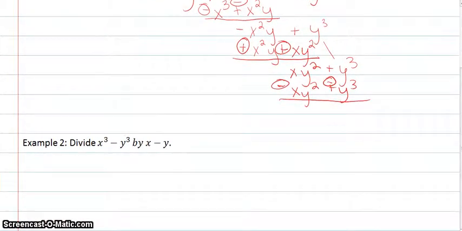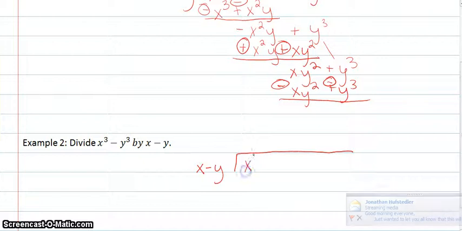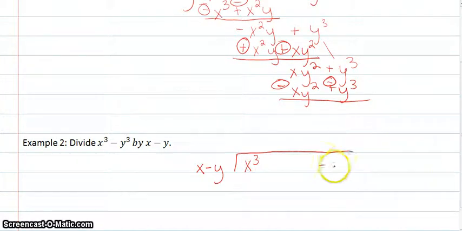Here we go. This time you'll notice that we have subtraction and subtraction. So again, we're going to have to be careful with our signs. So I have x minus y, and that is dividing into x cubed minus y cubed.